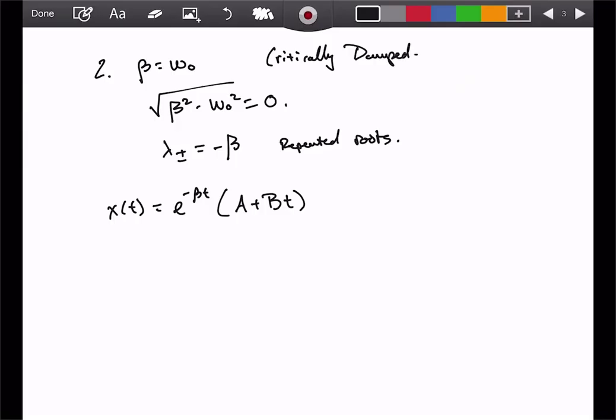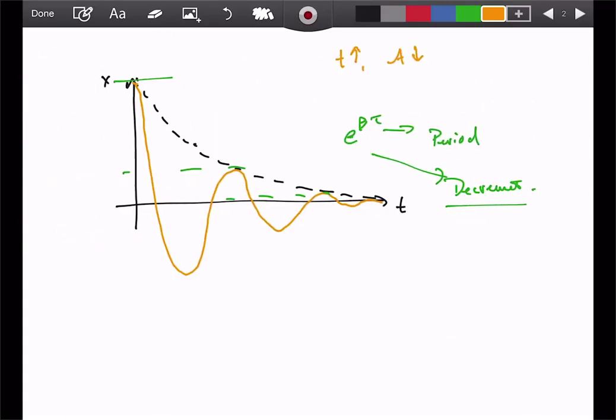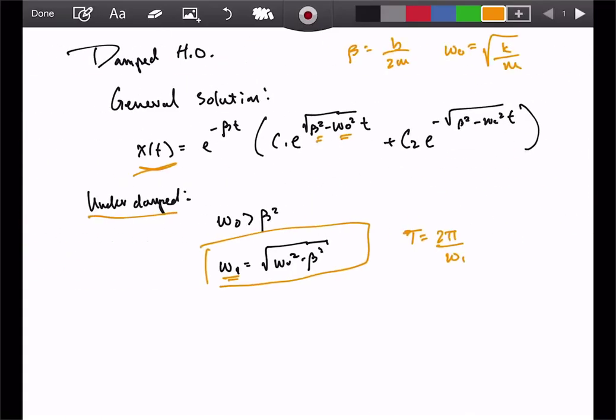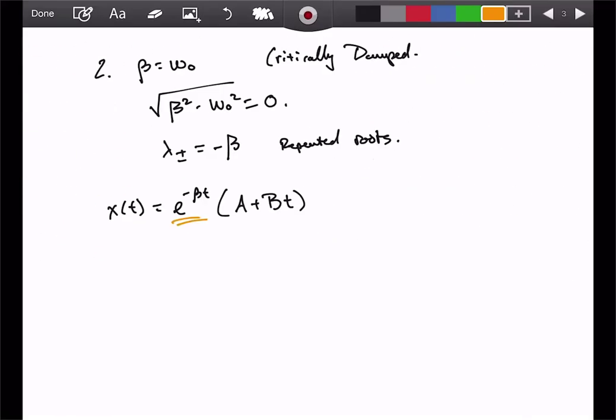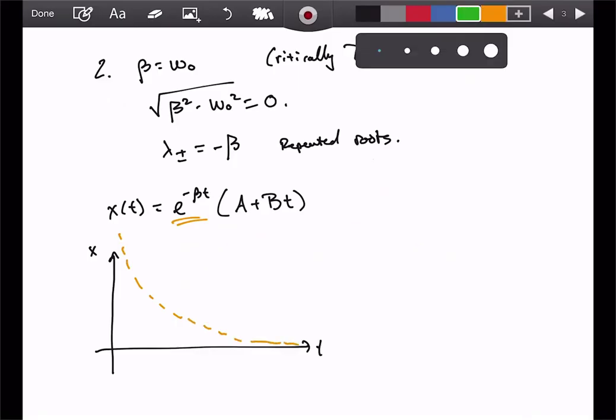First thing to note is that the exponential decrease of this one is exactly the same as the exponential decrease of this one here. They both decrease as e to the minus beta t. If I plotted these two on top of each other, this is my x of t, and that exponential decrease is the same in both cases.